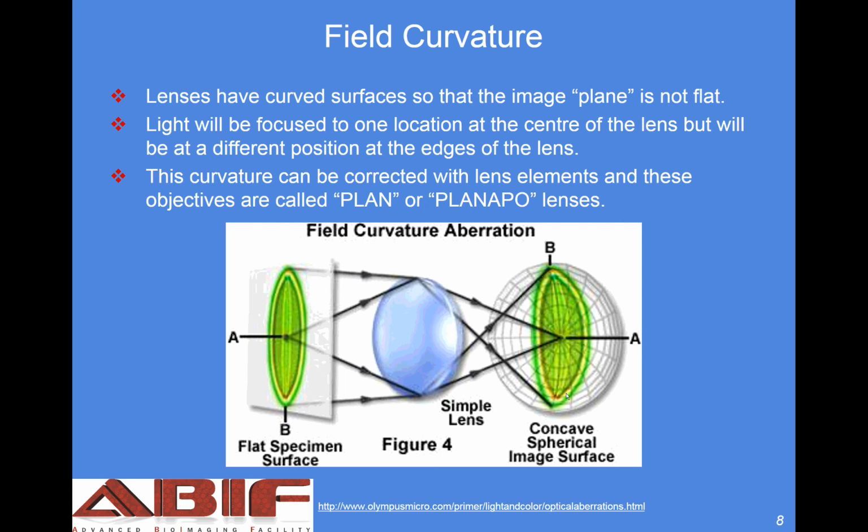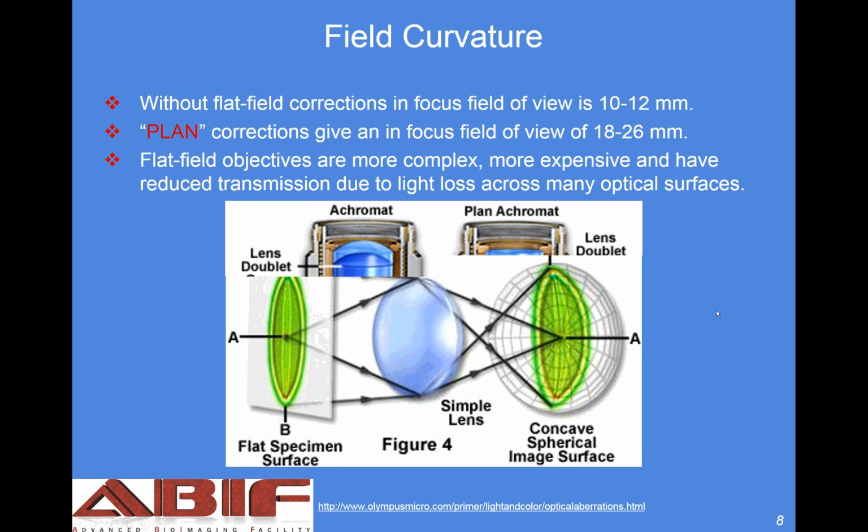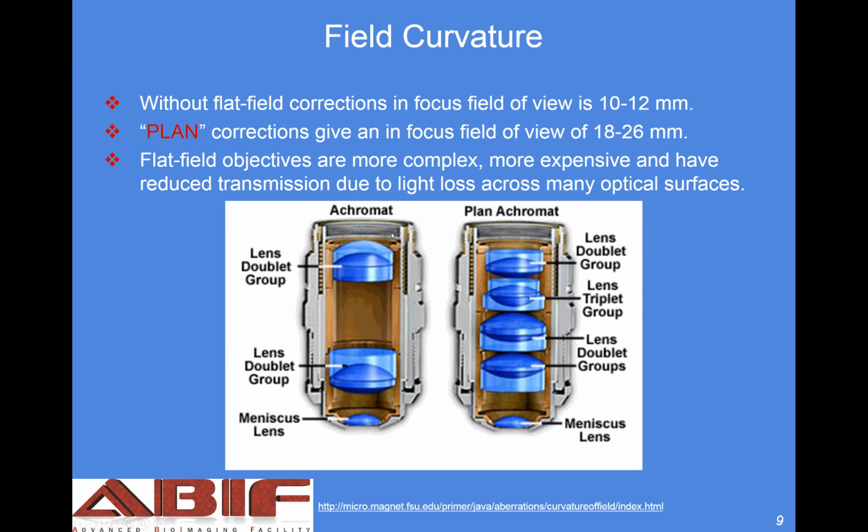So the optic companies have developed optics that are added to the lens to create what are called plan lenses or plan-apo lenses. This word plan basically means that the lens is corrected for field curvature. This example here shows an achromatic lens and a plan-achromatic lens.